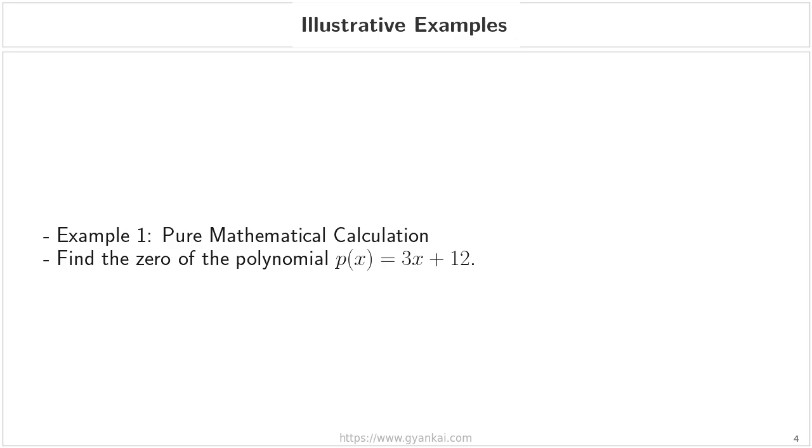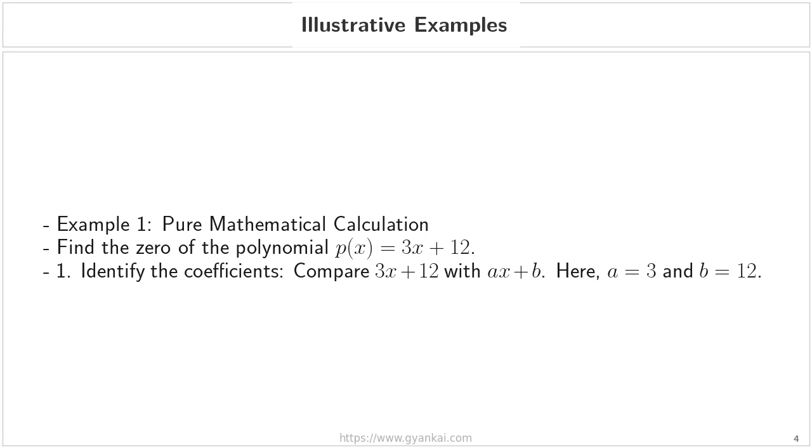Our goal is to find the value of x that makes this entire expression equal to 0. Let's walk through the solution step by step. First, we need to identify our coefficients. If we compare our polynomial, 3x plus 12, to the general form we saw earlier, ax plus b, we can certainly see that a equals 3 and b equals 12.